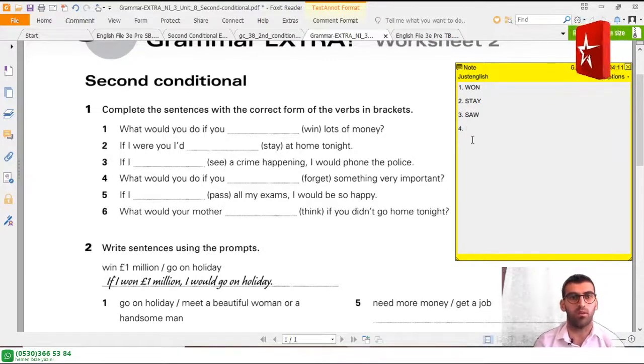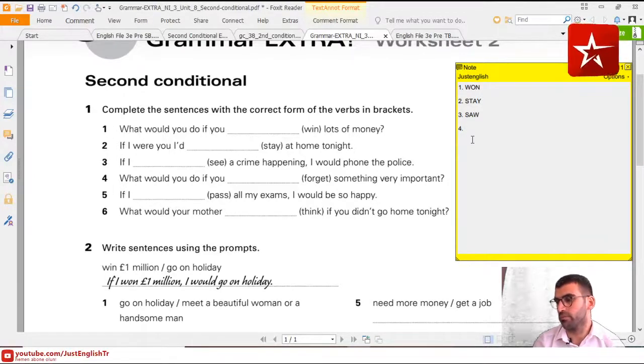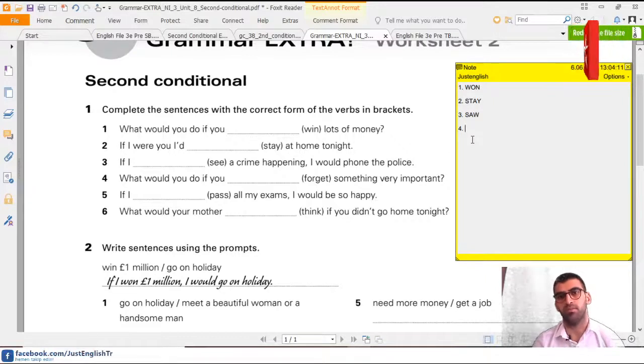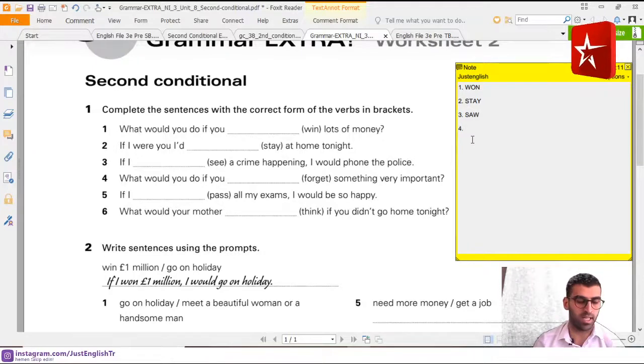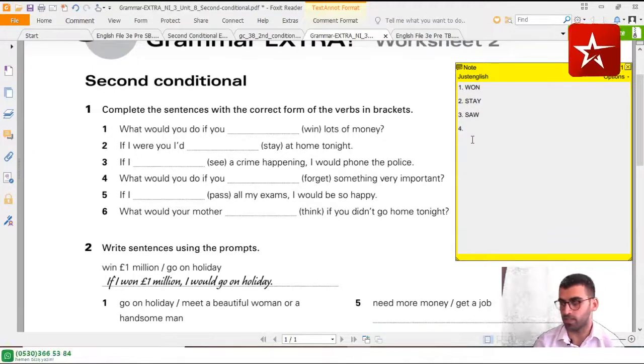And number 4, what would you do if you blah blah blah something very important? Yes, what would you do if you, the verb is forget, and after if, as you know, we have to use the past simple form of the verb for second conditional sentences, and forget changes into forgot.